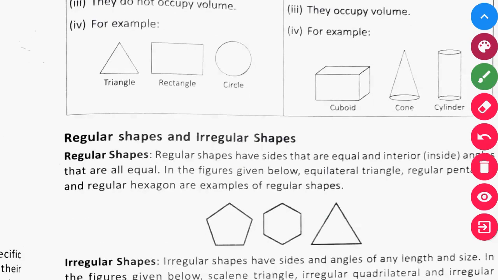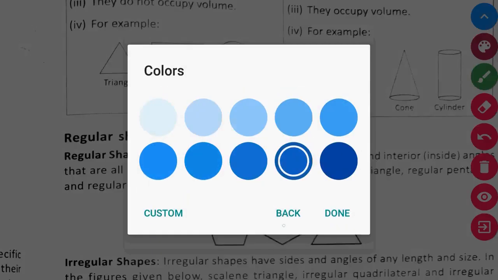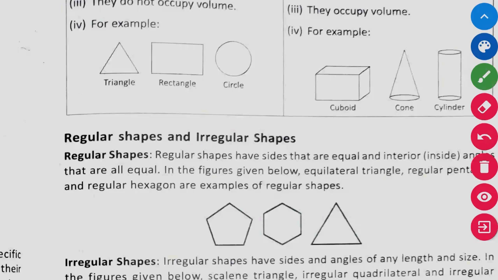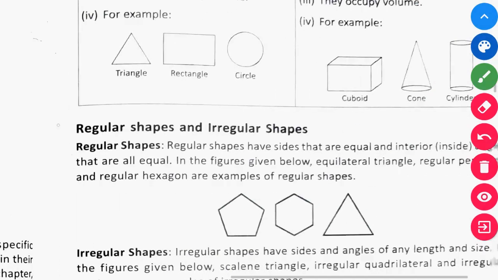So one classification criterion is to differentiate between two-dimensional and three-dimensional figures. Now the next criterion to classify shapes is regular shapes and irregular shapes.